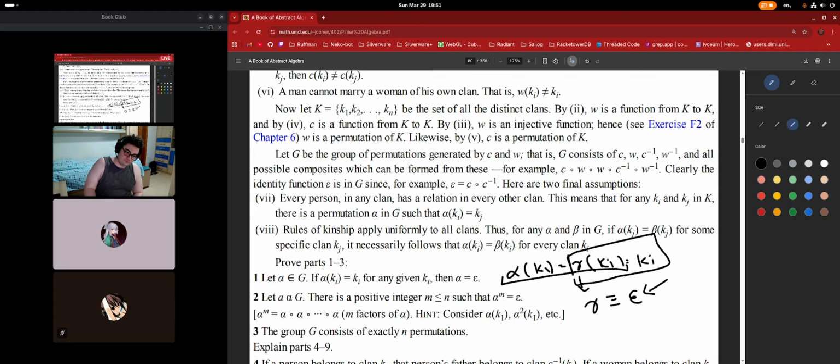Okay, so are you saying then that every arbitrary permutation that sends a ki to ki must always be equal to epsilon only if you have rule 8? Yeah.